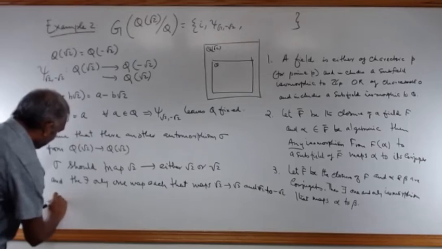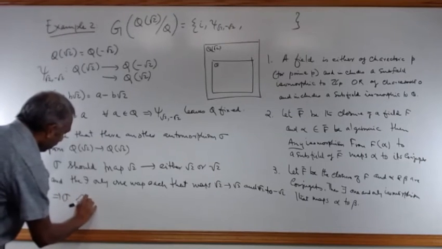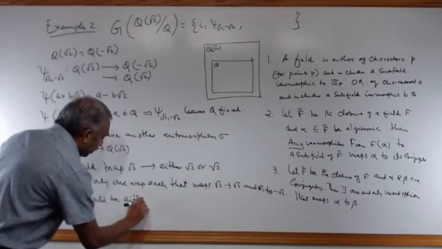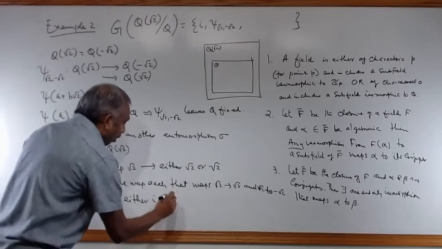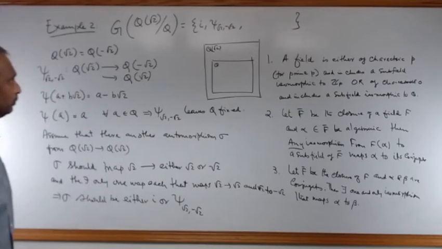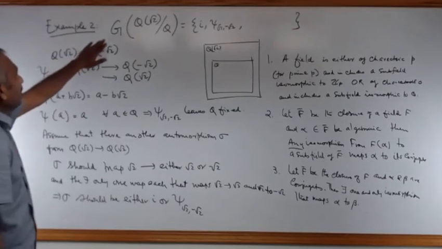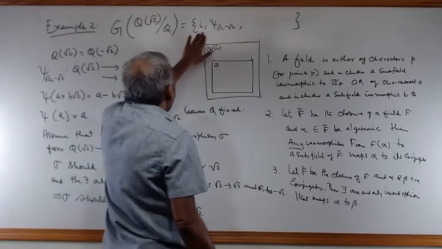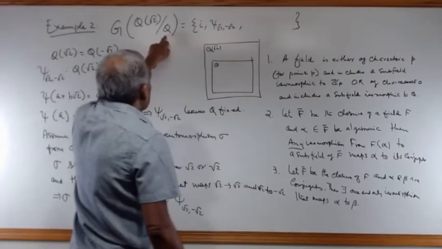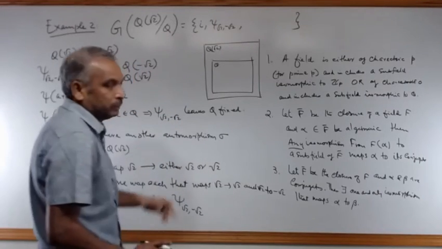That implies sigma should be either I or psi of root 2 comma minus root 2. So this is the complete set of all automorphisms that leaves Q fixed.